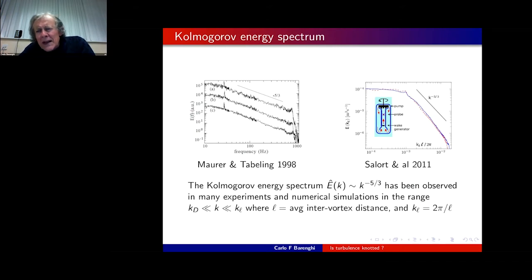But it must be stressed, this is only true provided we don't ask what happens at very short length scales, shorter than the typical distance between the vortex lines. Remember that there is an extra length scale in our system: the distance between the vortex lines.